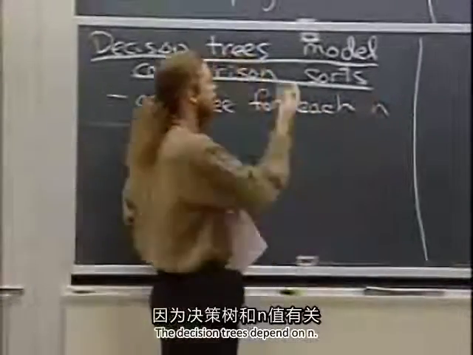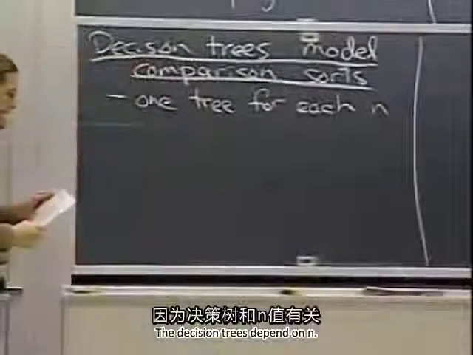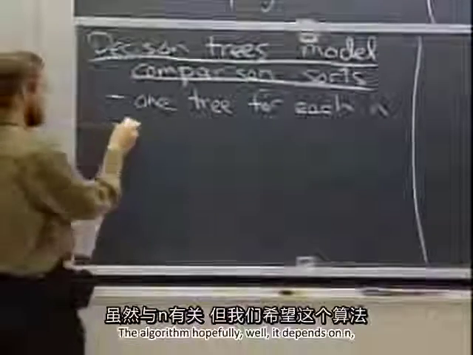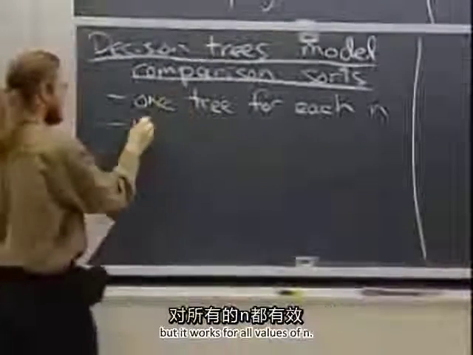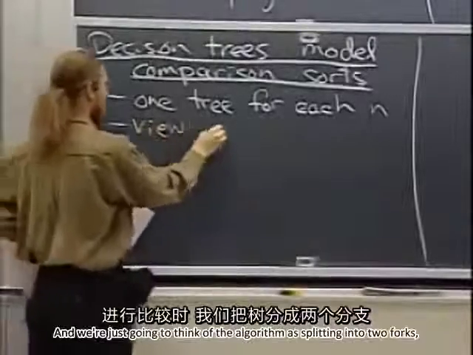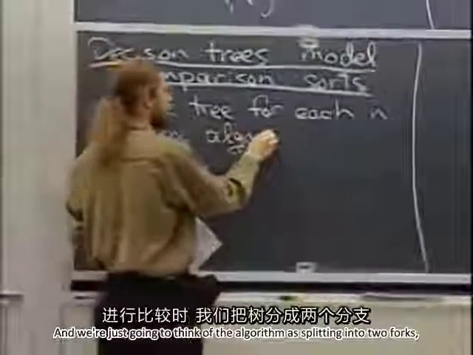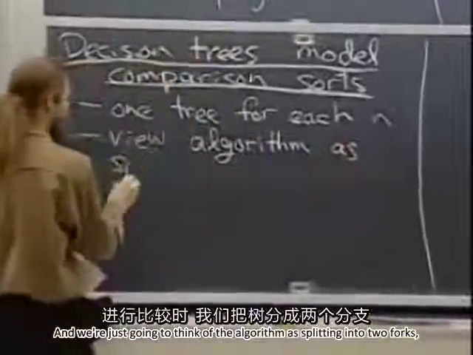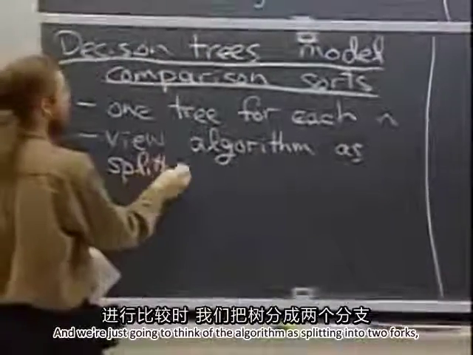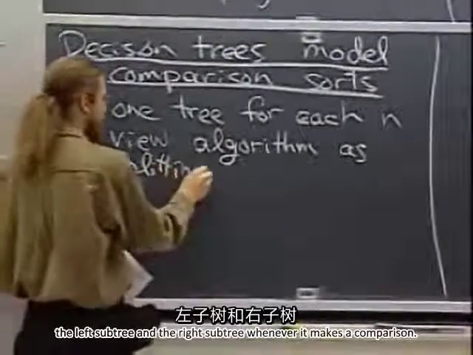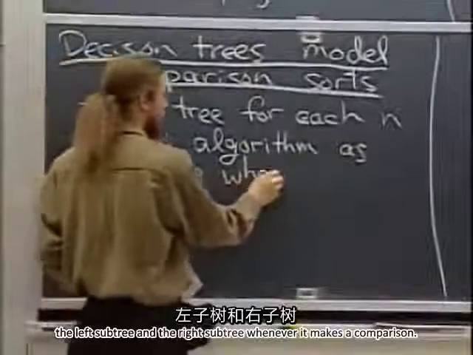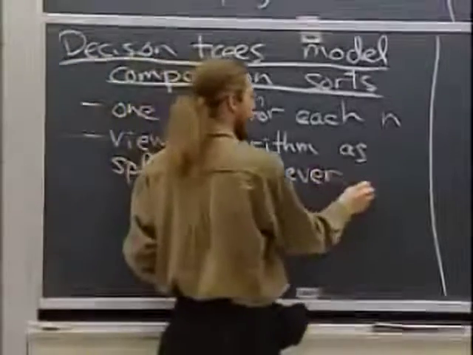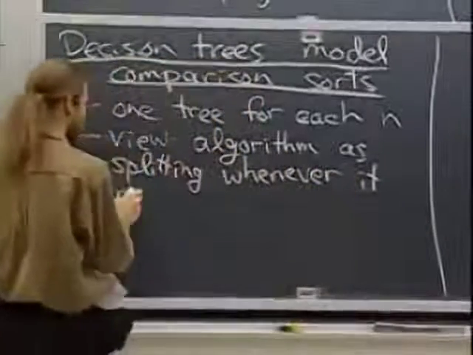As I mentioned, the decision trees depend on n. The algorithm hopefully works for all values of n. And we're just going to think of the algorithm as splitting into two forks, the left subtree and the right subtree, whenever it makes a comparison.